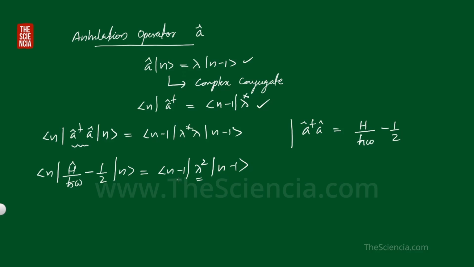So the product of these two terms is equal to 1. And we can expand this function, that is 1 by h cross omega bra n H ket n minus 1 by 2 bra n ket n is equal to lambda square.